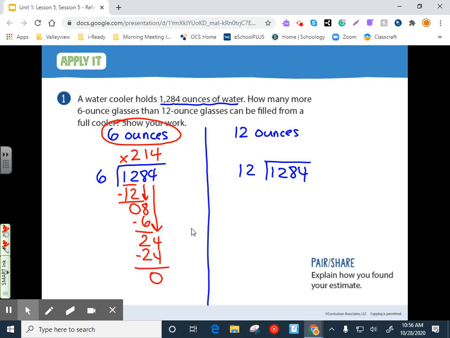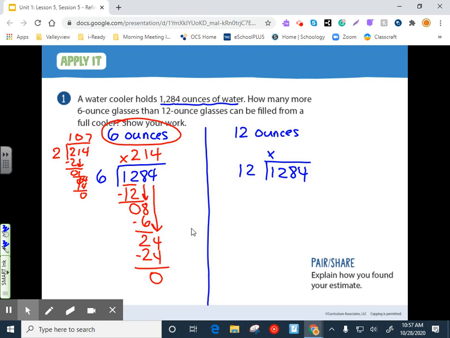So you could do half of 214. And that is, let's do this real quick over here. 14. All right, so you could say, hey, that must be 107 glasses. Let's check that out. Let's see if that's true.